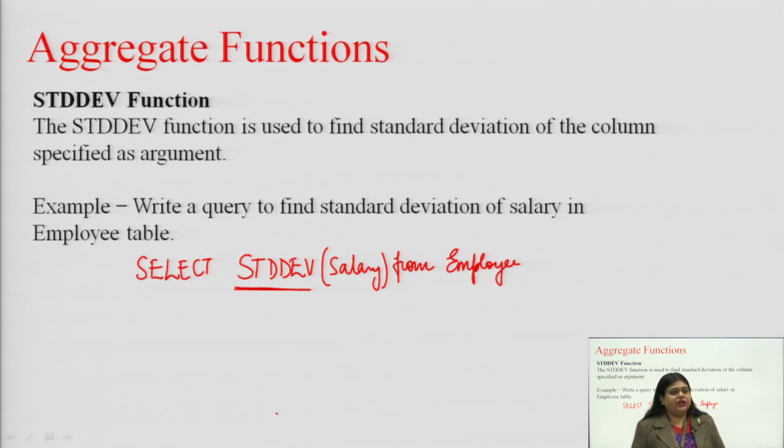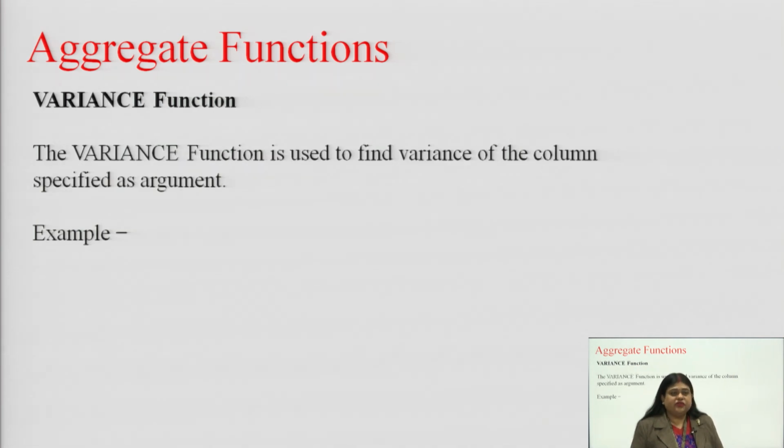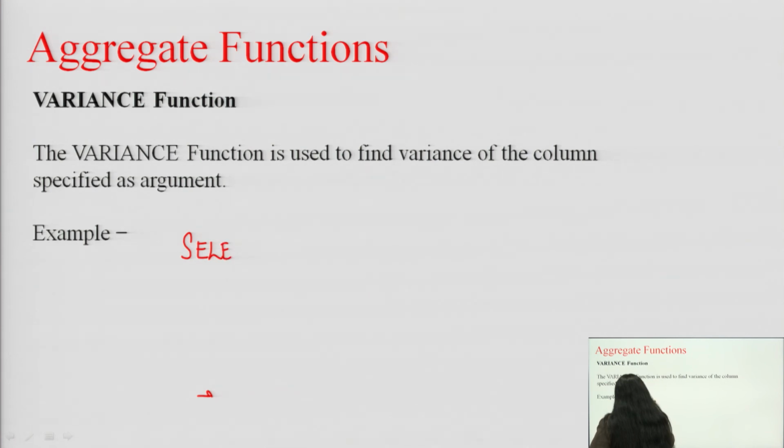Similarly, we have the variance function also. The variance function is used to find the variance of the columns specified as arguments. So, how do we do it? We simply write select VARIANCE.